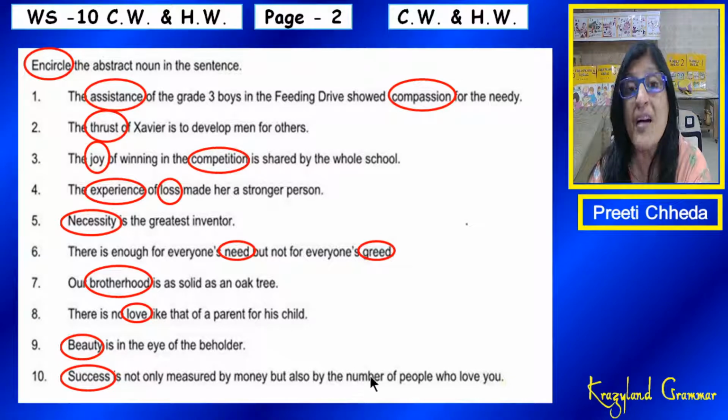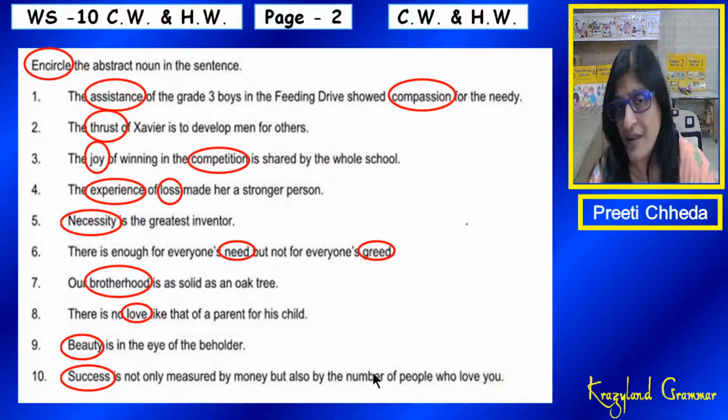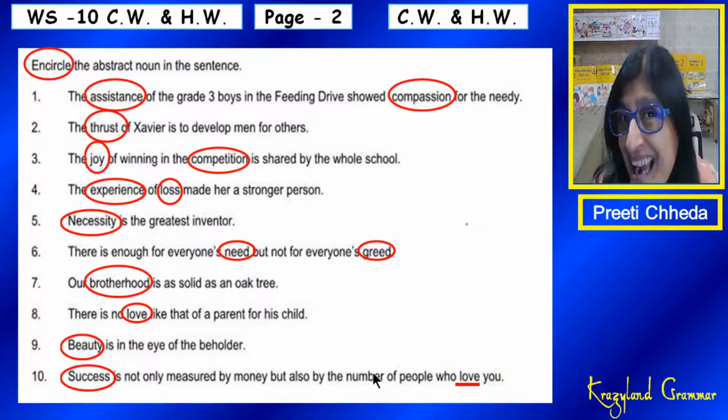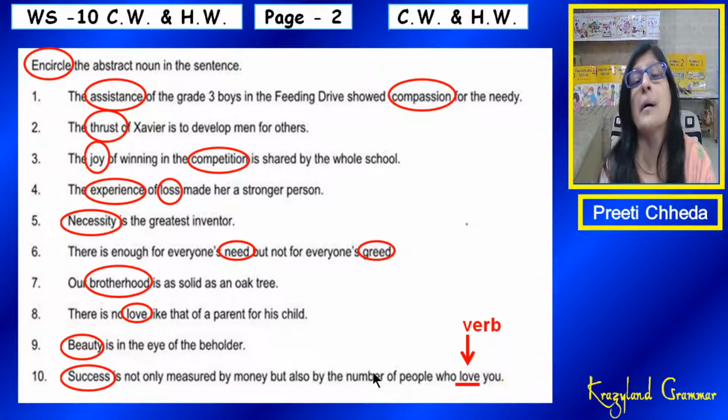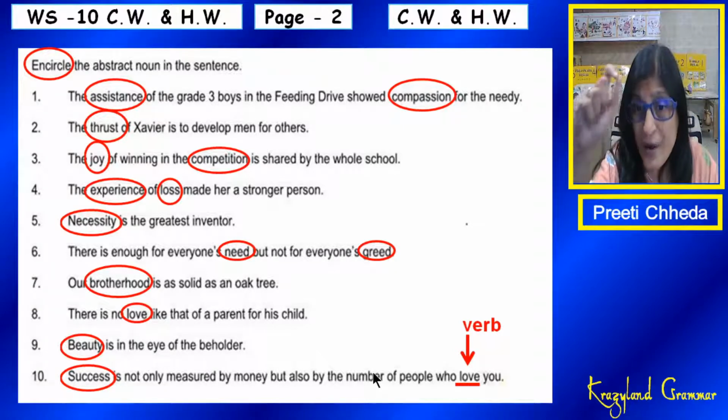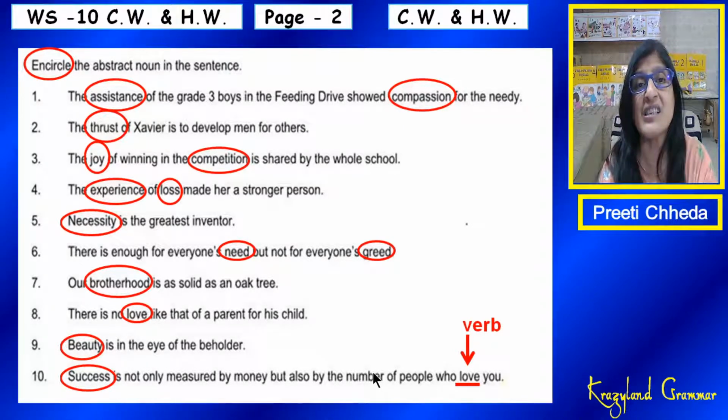So who love you? So love here is not a noun, it is a verb. This is very important. Please tick mark this, underline and put an arrow, and please write down that this is not a noun, this is a verb.